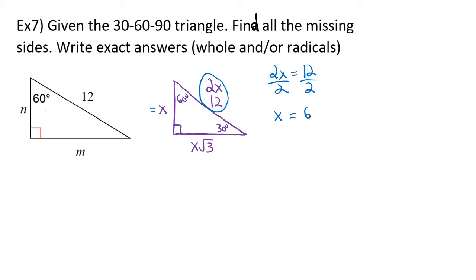Anywhere you see an x, you should make it a 6. So this x now is a 6, like so. So this side of the triangle is x, so your n is 6, your m is 6 square root 3, and you already have the 12 for the hypotenuse.